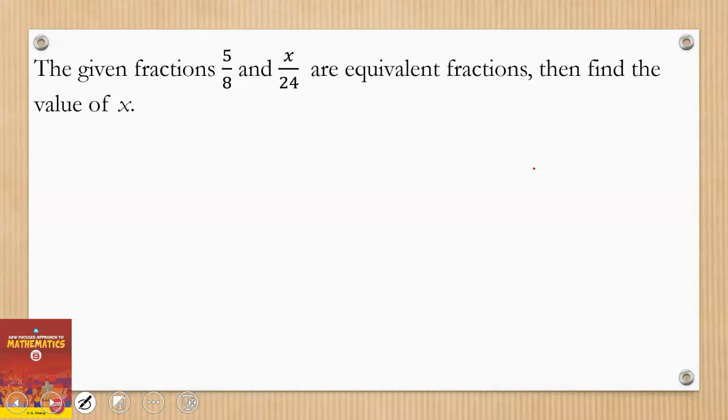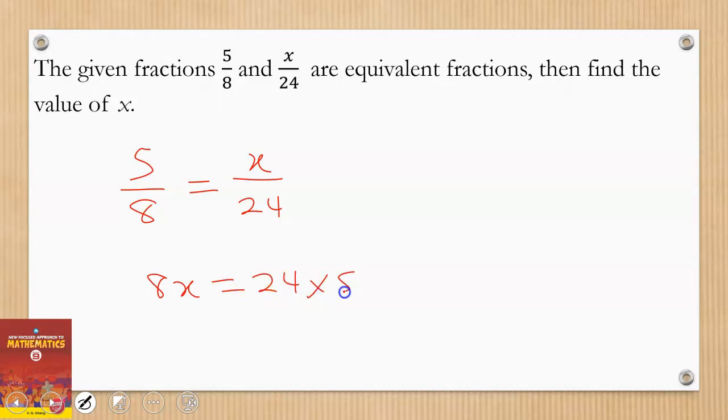Now look at question 2. Given that the fractions 5/8 and x divided by 24 are equivalent fractions, find the value of x. If we say they are equivalent fractions, then we can say 5 on 8 is equal to x on 24, because equivalent fractions have the same value. So we can use cross multiplication to get 8 times x equals 24 times 5.